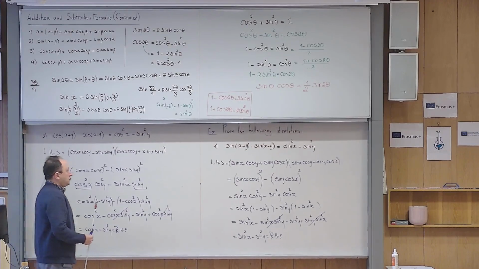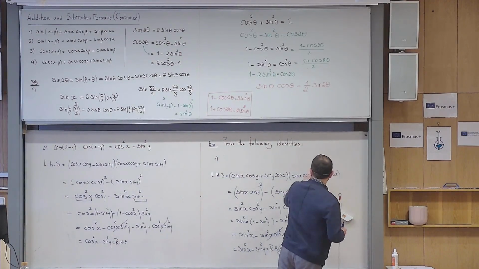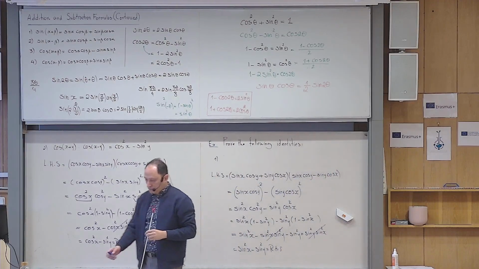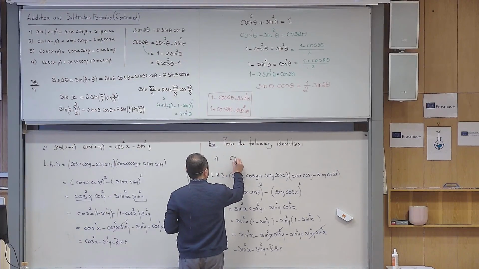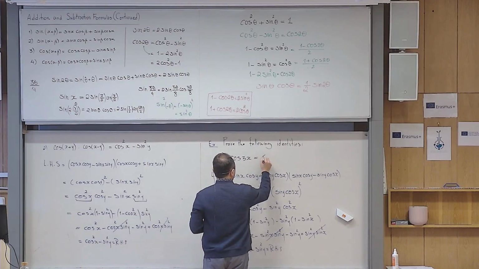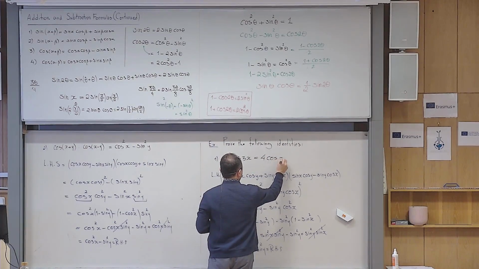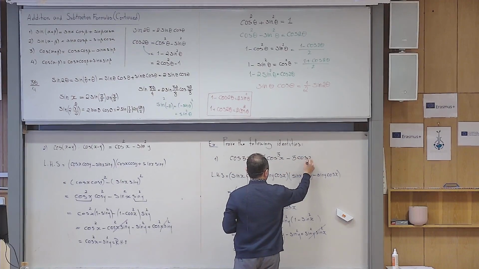Okay, so let me give you one more. The one that I write here is very similar to the one in the book. We want to prove cosine 3x is equal to 4 cosine x to the power 3 minus 3 times cosine x.